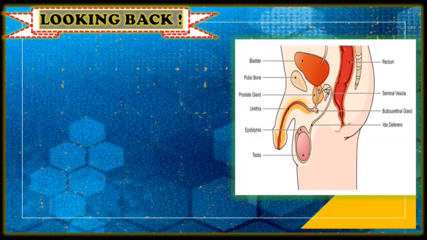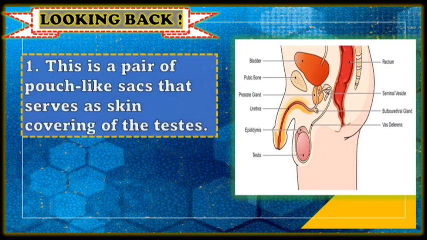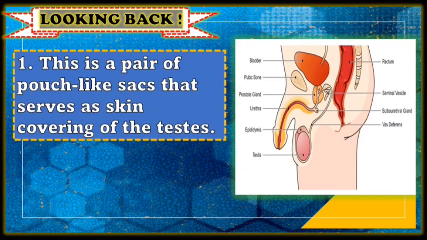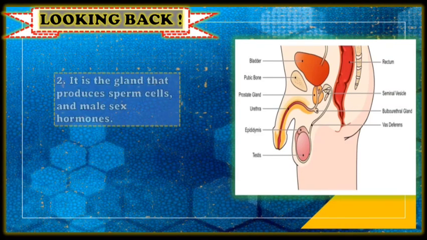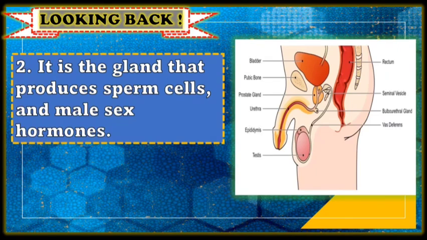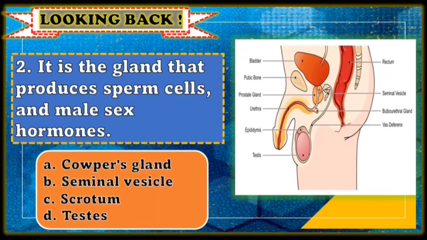All you have to do now is to identify the parts of the male reproductive system. For number 1, this is a pair of pouch-like sacs that serve as skin covering of the testes. Next, number 2. It is the gland that produces sperm cells and male sex hormones. Next, number 3.